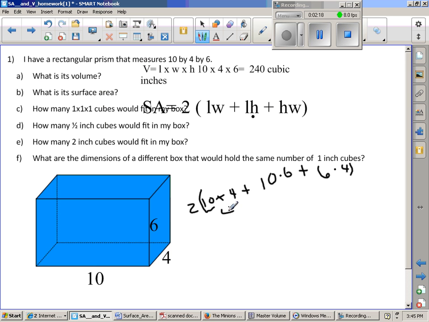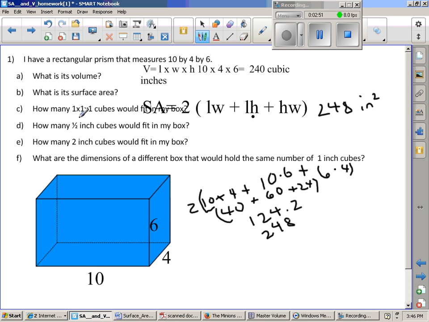So 10 times 4, that's 40, plus 60, plus 24, and that gives me 124, but then I have to multiply that by 2, so that's 248. So my surface area is 248 inches squared. So that's my surface area.